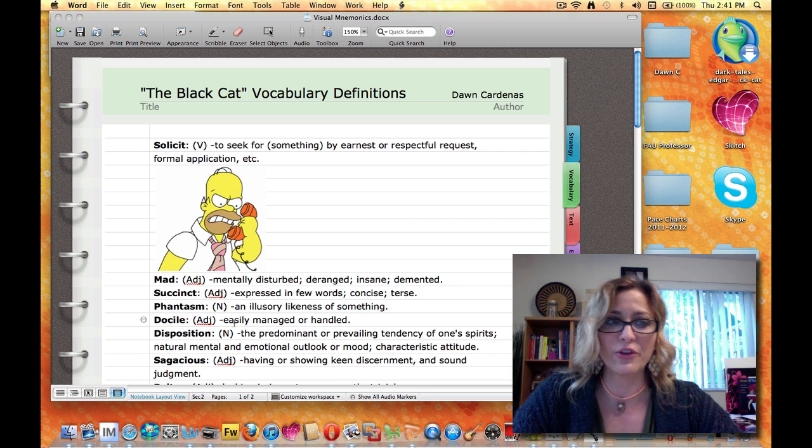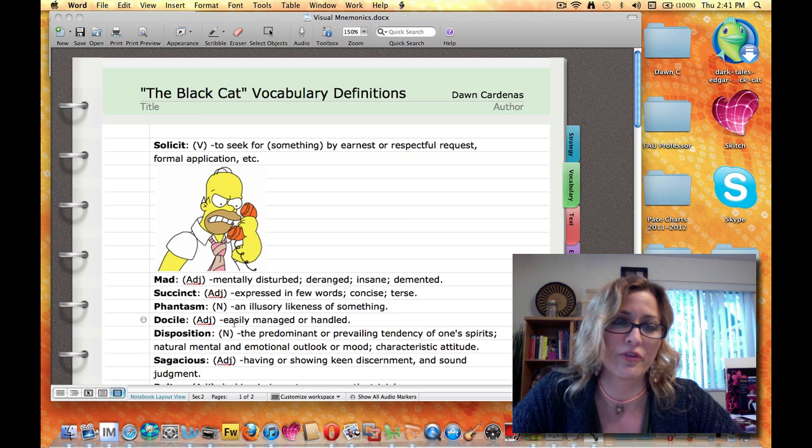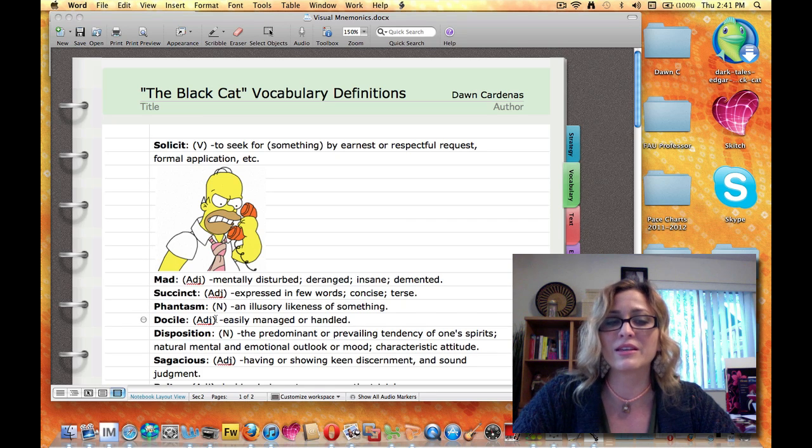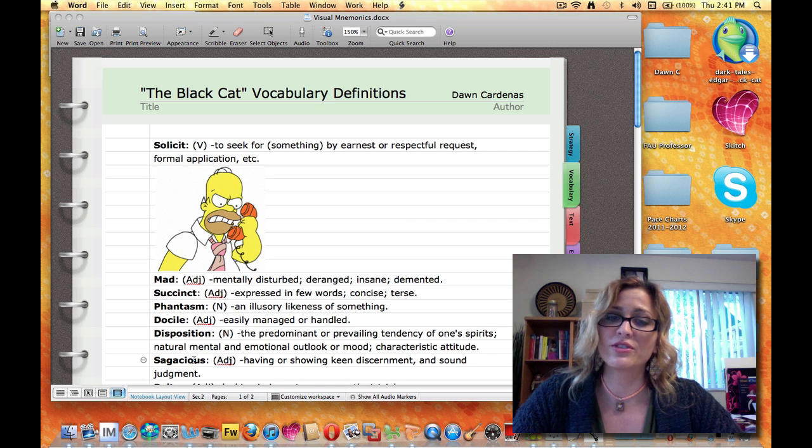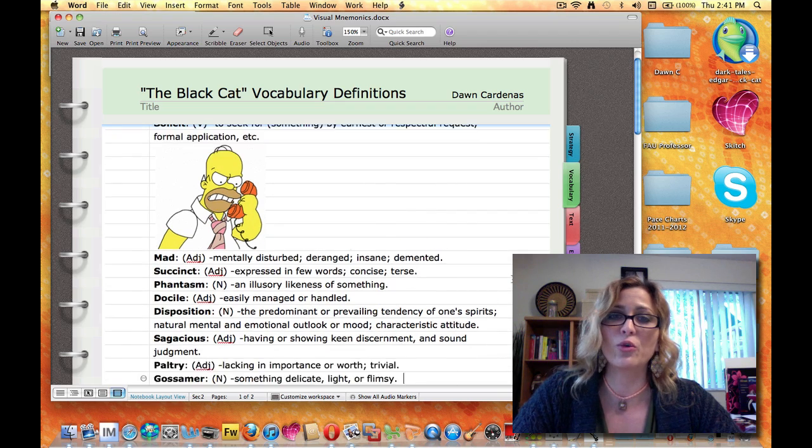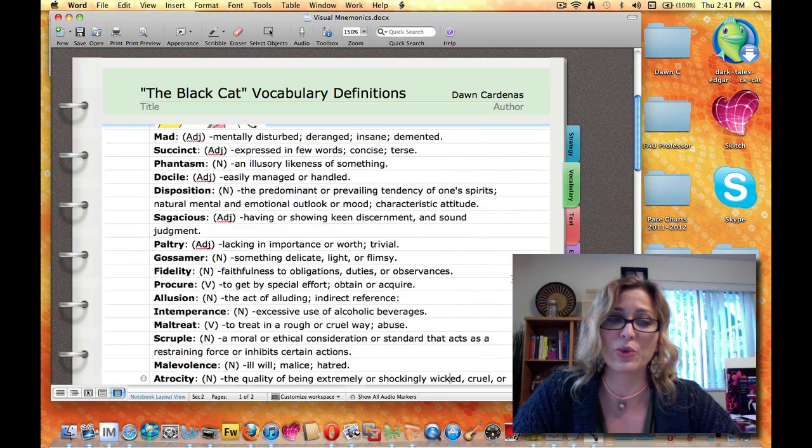So it'd be wise of you, if you want to improve your vocabulary, to go through and print this up and go through the story and plug in the words that you don't know as you read and see if it helps you build the meaning of the story.